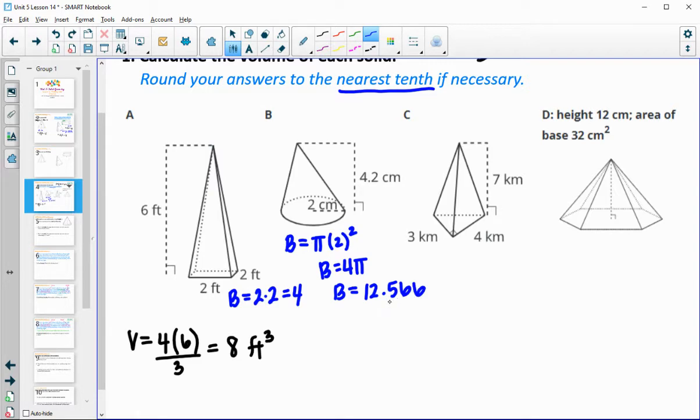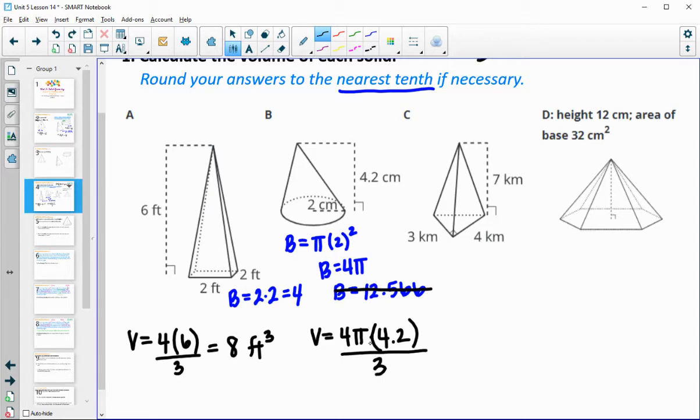12.566. So then for the volume, and really we don't want to round in the middle here. So we don't necessarily want to use this rounded version. So maybe I'll just leave it off when I do the volume. I'll do area of the base, which is 4 pi, times the height, which is 4.2, and then divide by 3.